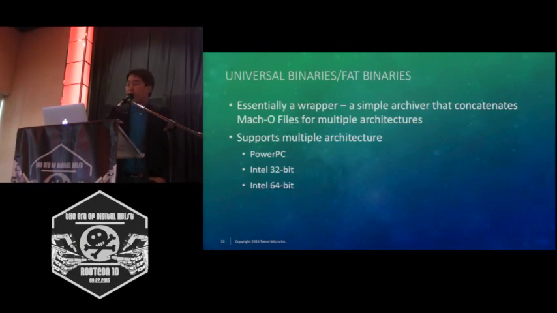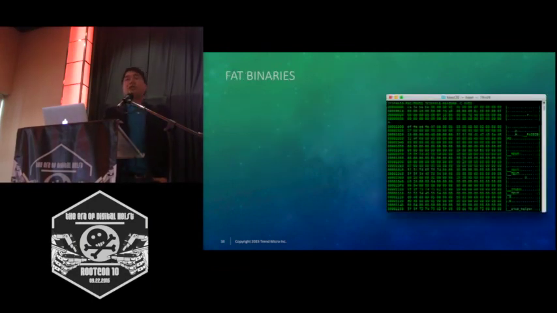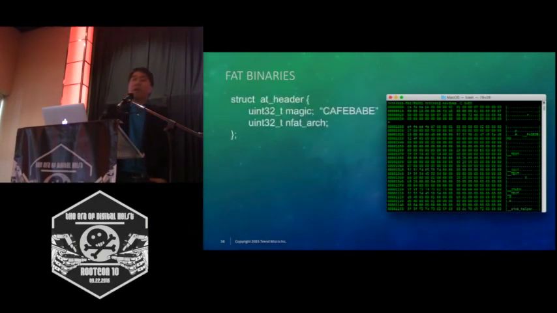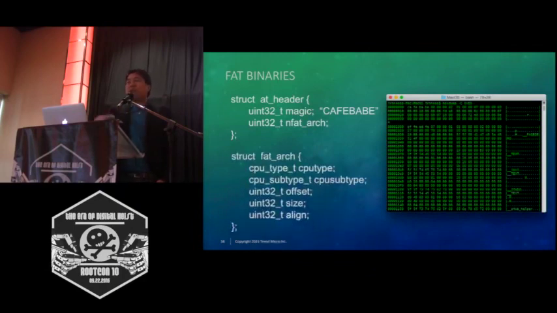And it's easy to identify a fat binary, wherein the header is Cafe Babe. There's a signature Cafe Babe, but please take note and be cautious that Cafe Babe is also the signature used by Java. The headers of the fat binaries give you information about what type of CPU or processor it will use, whether PowerPC or Intel based, or whether it's 32-bit or 64-bit.